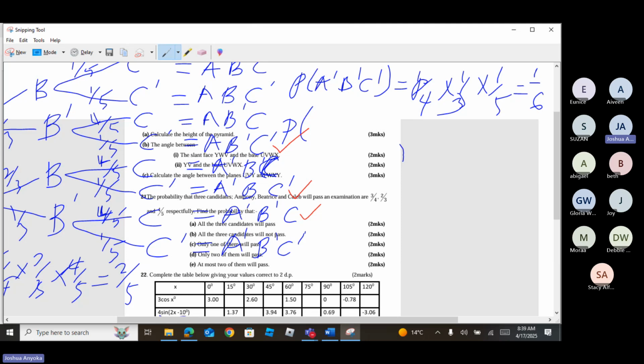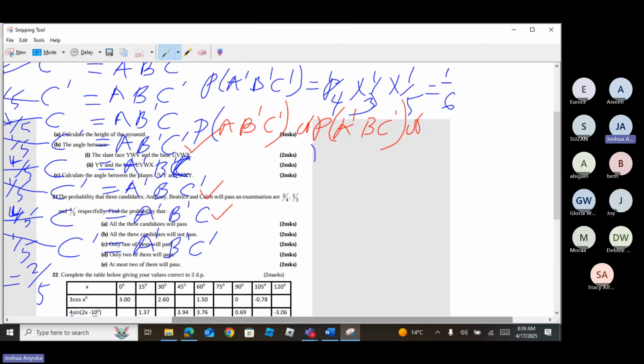So the probability that Anthony will pass, Beatrice fail, and Caleb fail, or the probability that Anthony will fail, Beatrice will pass, Caleb will fail, or the probability that Anthony will fail, Beatrice will fail, and Caleb will pass.